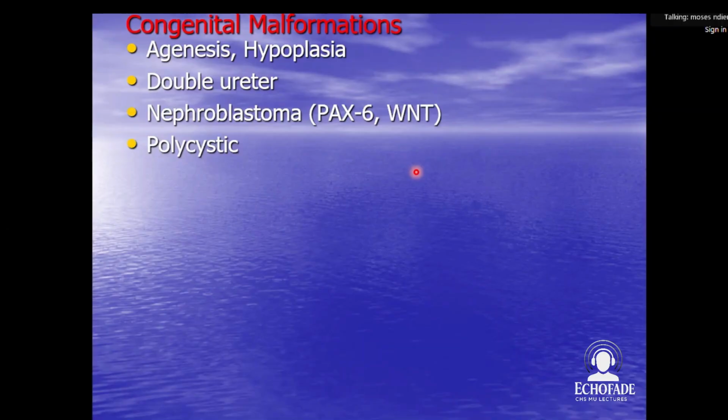Remember, we talked about this mesenchyme tissue, the intermediate mesoderm, in that nephrotome area, forming what you call a renal vesicle. That renal vesicle becomes an S-shaped structure. One part eventually flattens to form a glomerulus, a cup-shaped structure in which blood vessels enter, so that forms a Bowman's corpuscle.